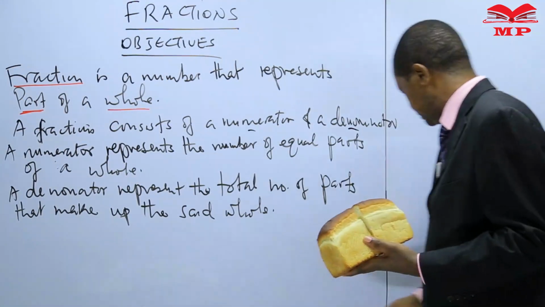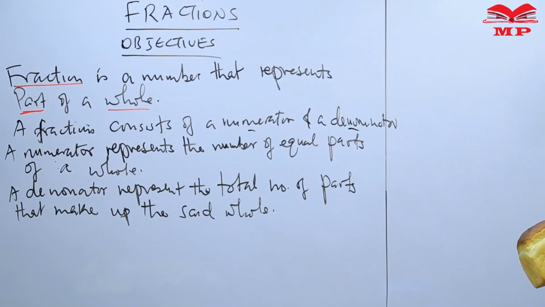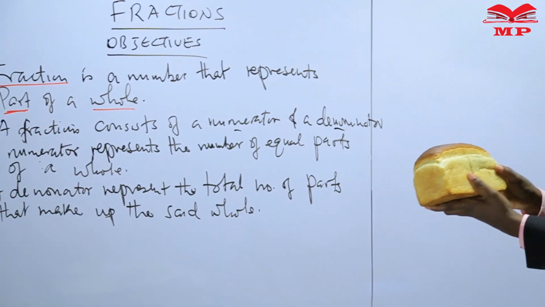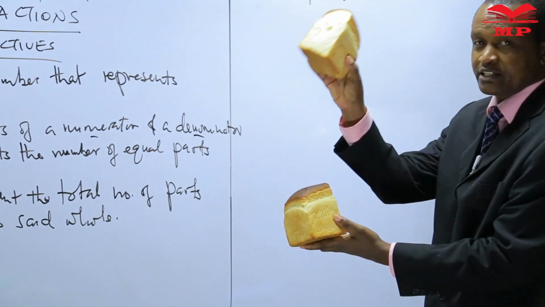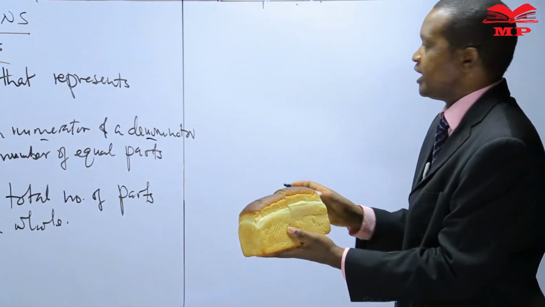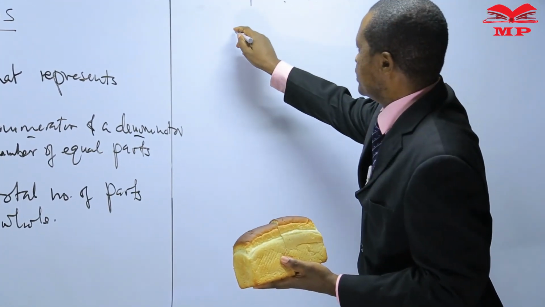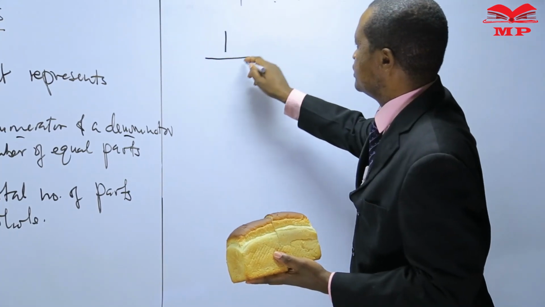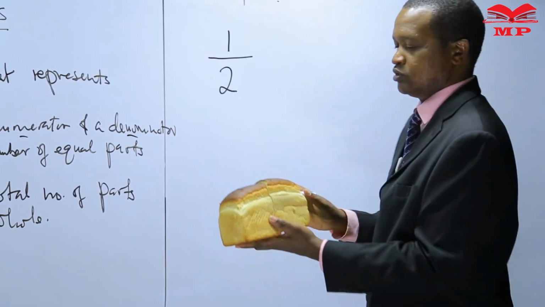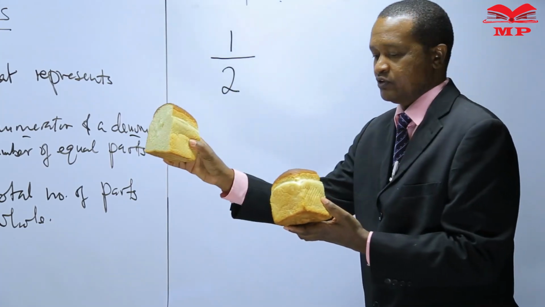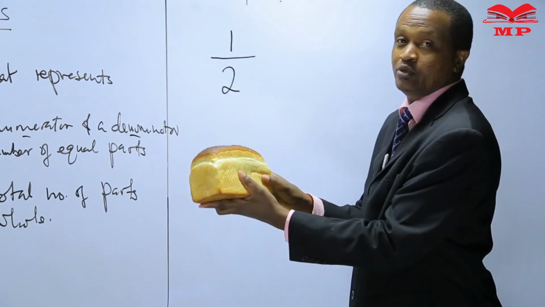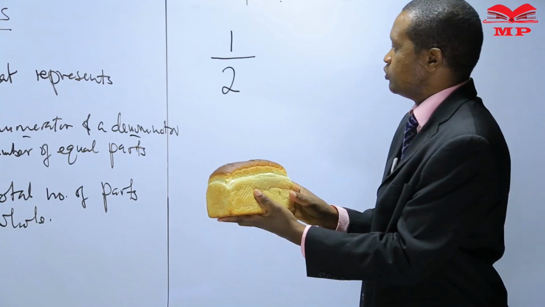Equal parts. There are 2 parts. This part here is a half, 1/2. This is a half of the loaf. When you put together, we get one whole.